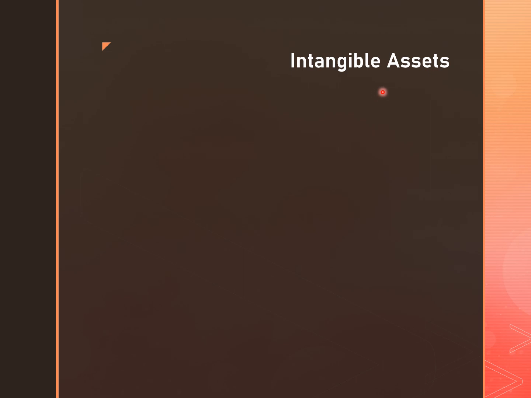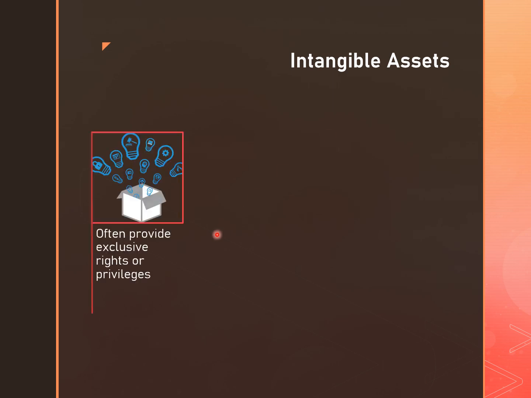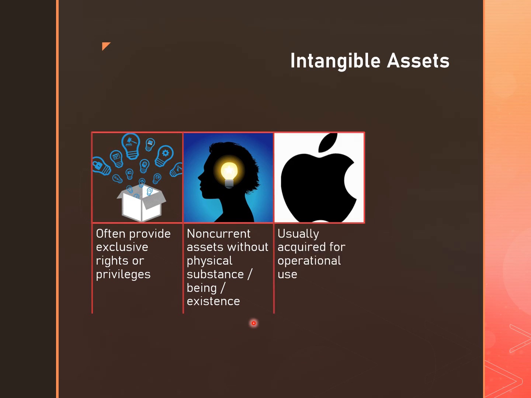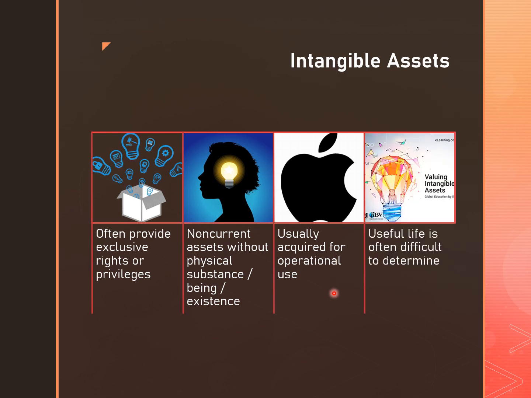Next, we move on to intangible assets. I think the majority of you know about intangible assets. I hope. So, intangible assets often provide exclusive rights or privileges. They are non-current without physical substance. You cannot hold it because it is intangible. But it is a non-current asset, usually acquired for operational use.